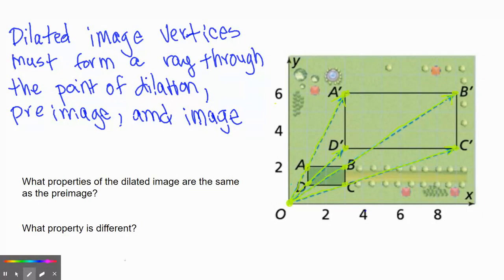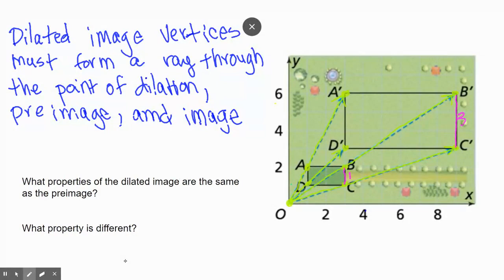Okay, so if we look at our side lengths, we have corresponding side lengths. I would specifically like to look at this side length B prime C prime. That corresponds to B and C. Okay, so we talked about our scale factor already. BC is 1 and B prime C prime is 3.